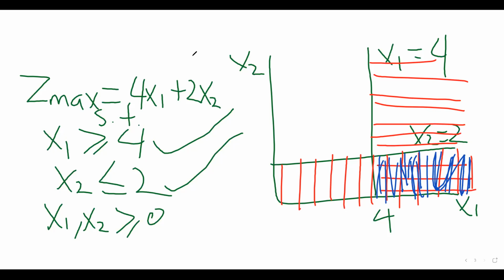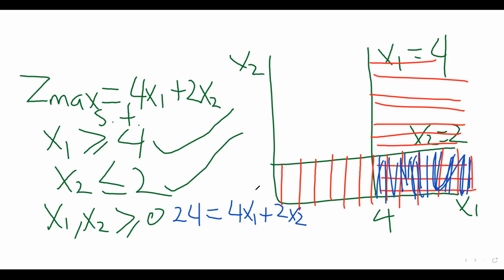Now, normally what you do is go to your maximize, the z value, and get a number, an isoprofit line. This isoprofit line, assume a number. We're going to just assume a number, say 24. So you get 24 equal to 4x1 plus 2x2.